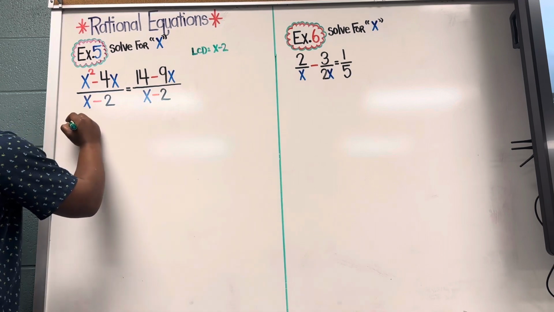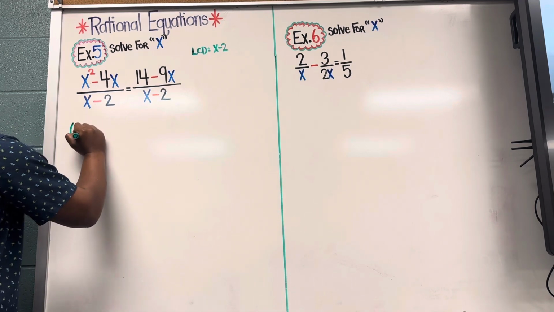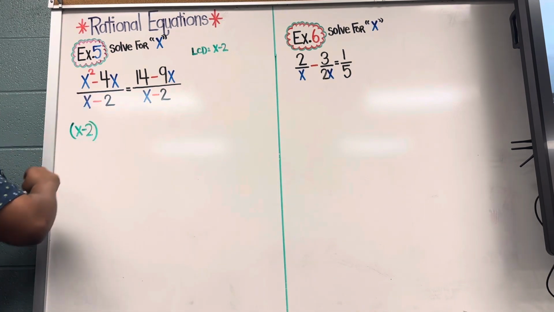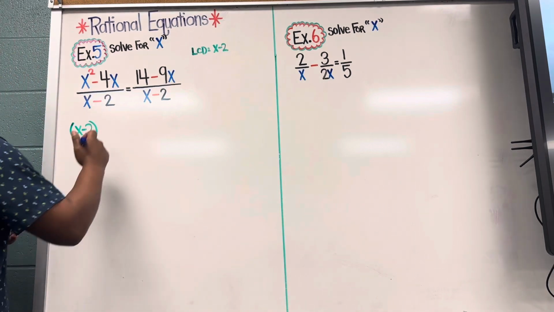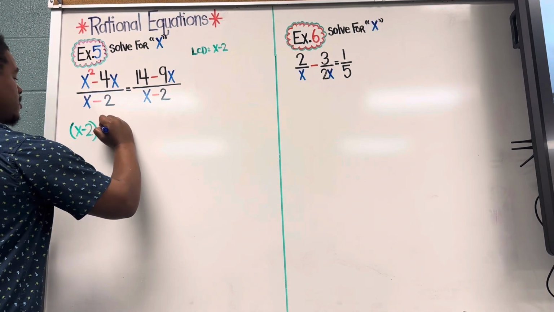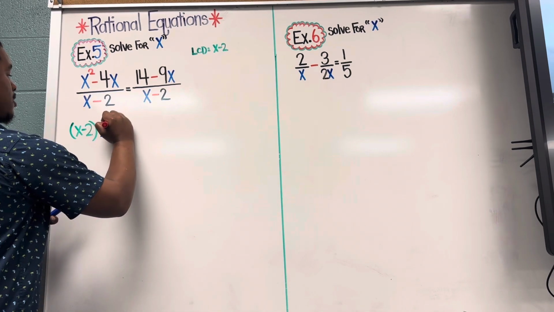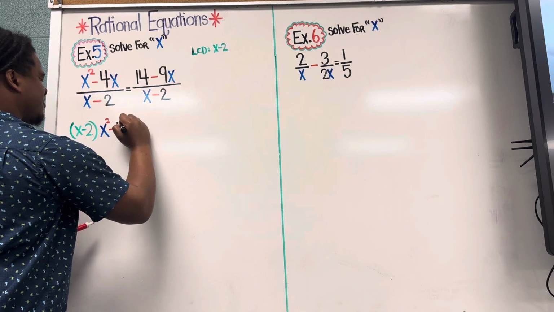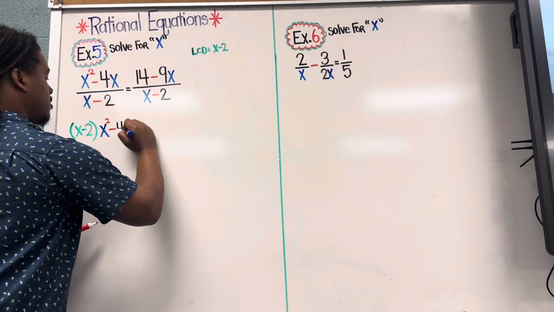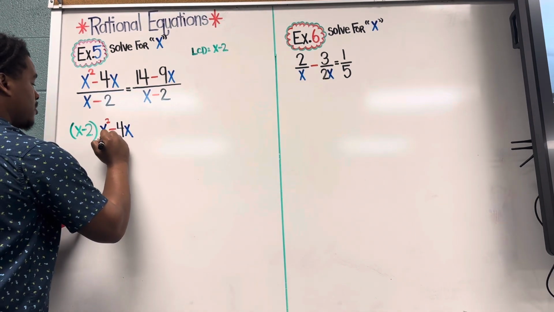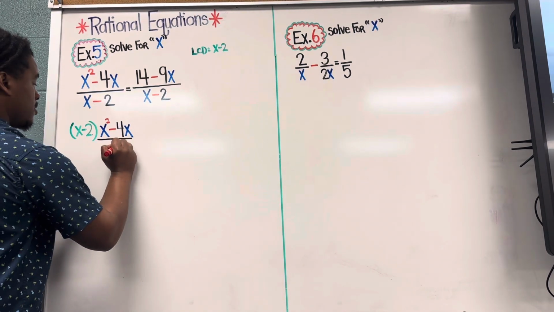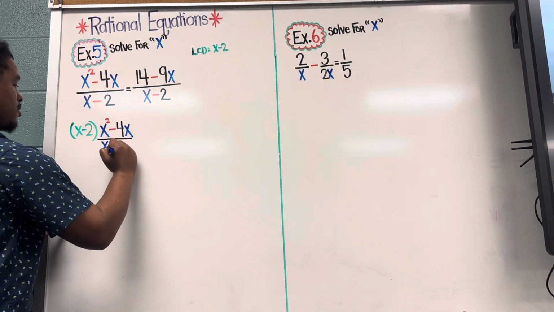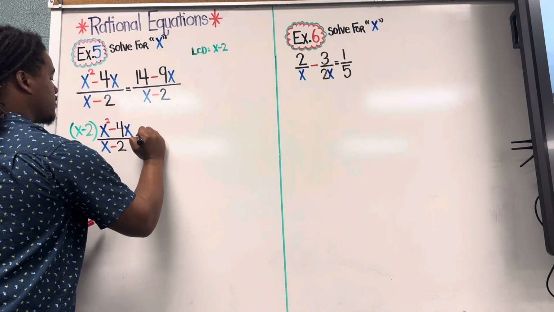So once again, I have x minus 2, parentheses, times all of this that we see, which is x squared minus 4x, all over x minus 2, equals the same thing on the other side, guys.